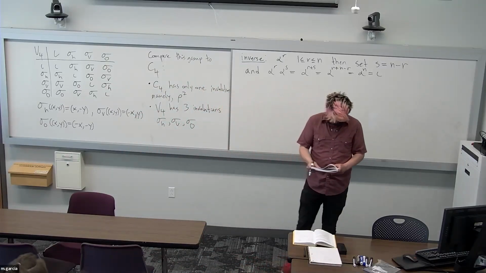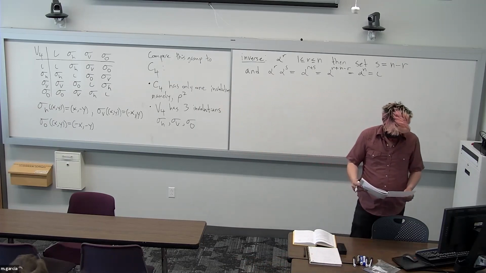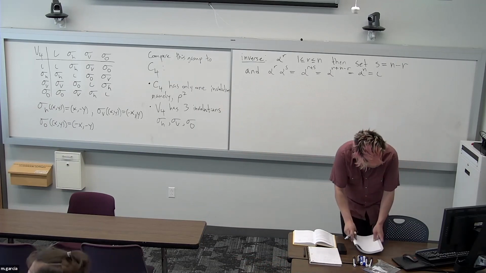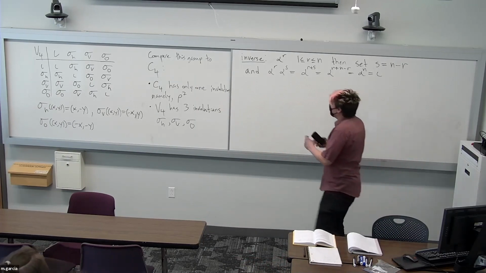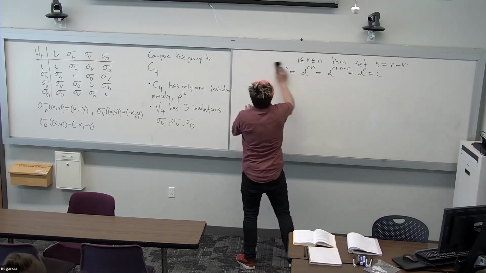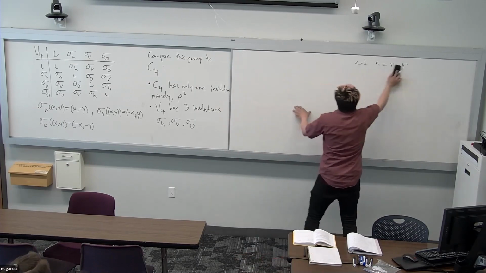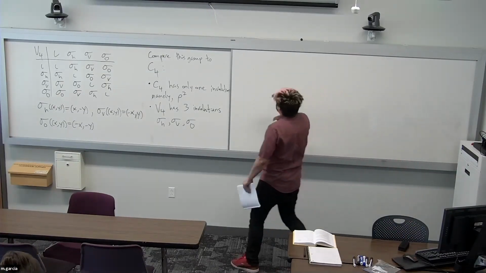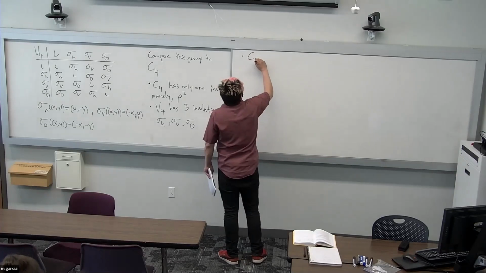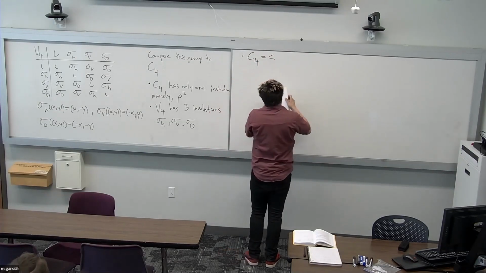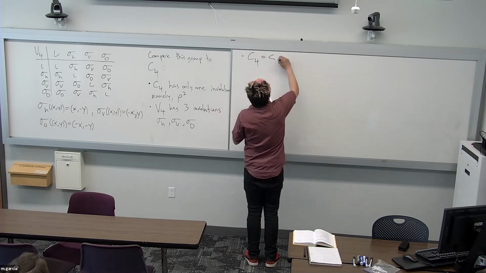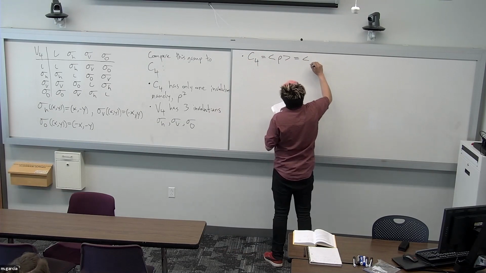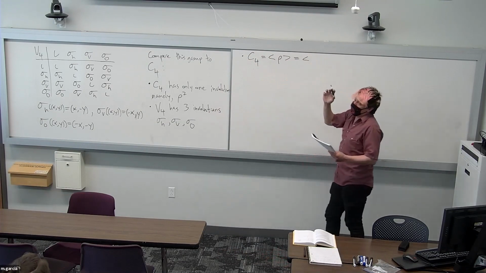Okay, so C4 is just equal to the group generated by rho, or the group generated by what? Rho to the third.